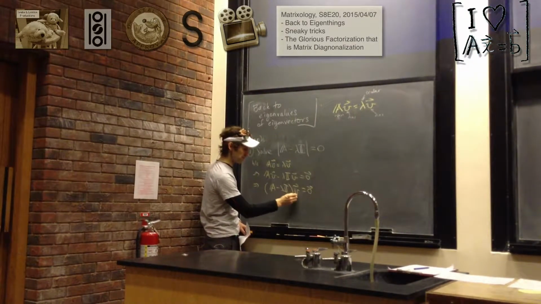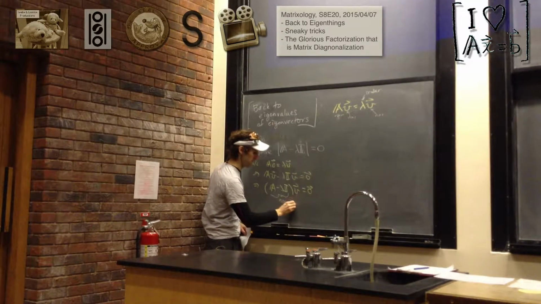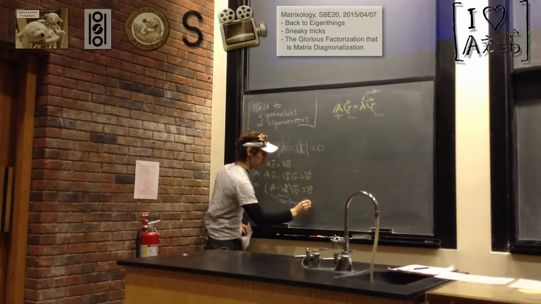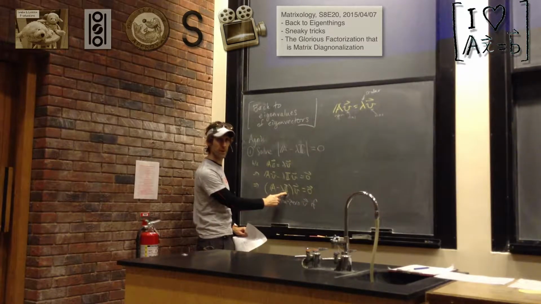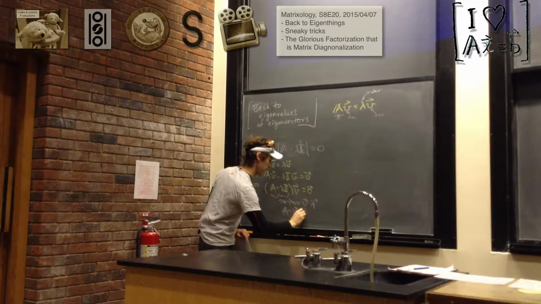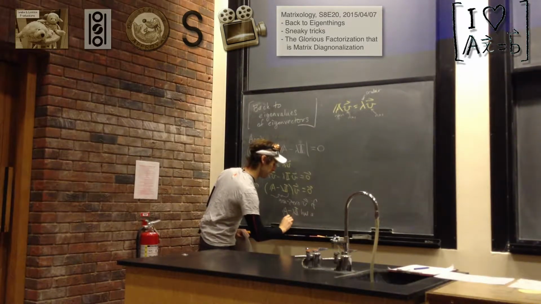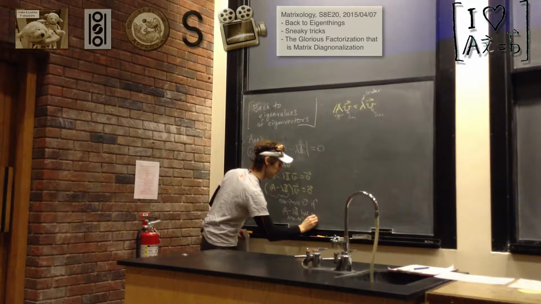There's a non-zero v only if this thing, A minus lambda I, has a non-trivial null space. It's another way of saying it.